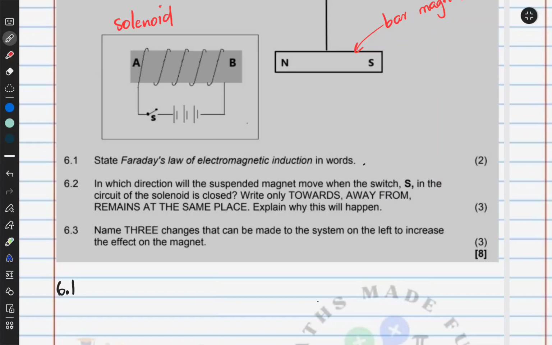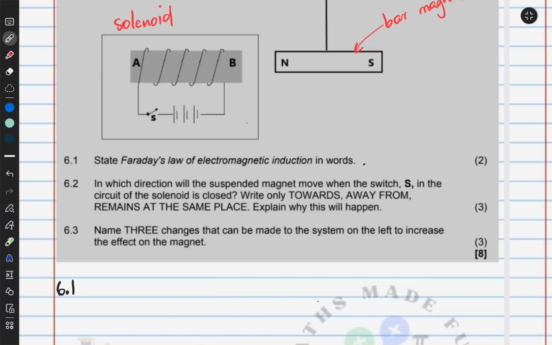Because remember, first of all, for EMF to be induced in the conductor, it's because of that change in the magnetic flux. The change is a result of you moving either the magnet or the conductor. So that change will induce an EMF in the conductor.